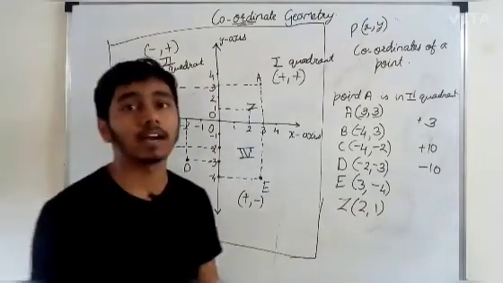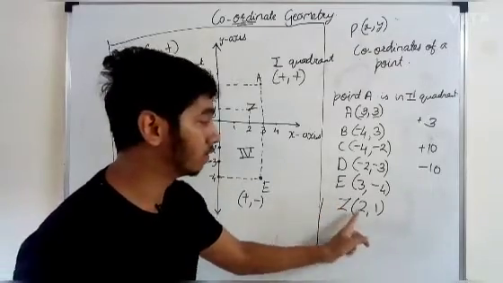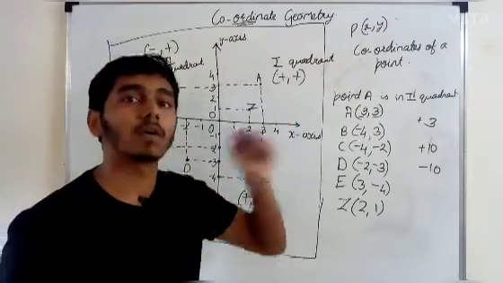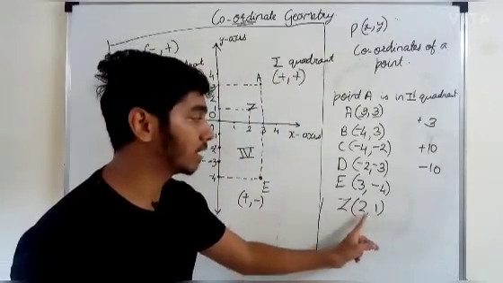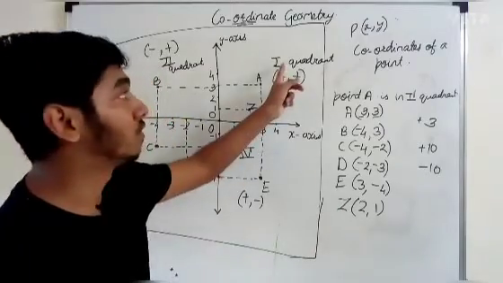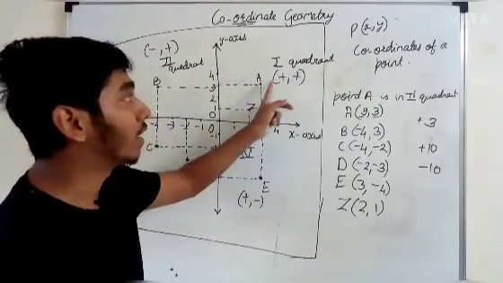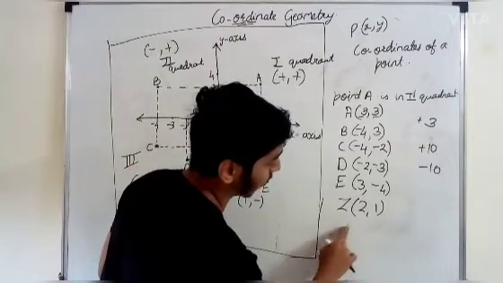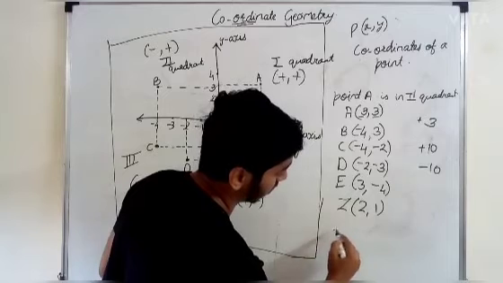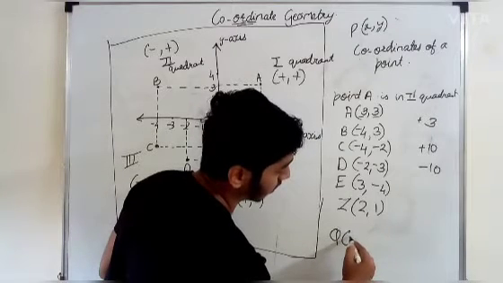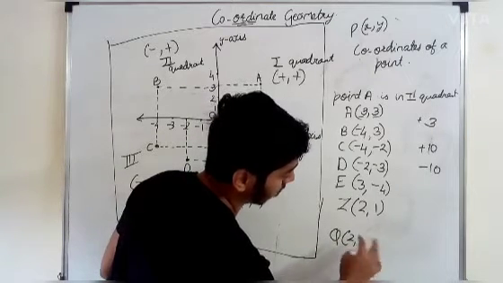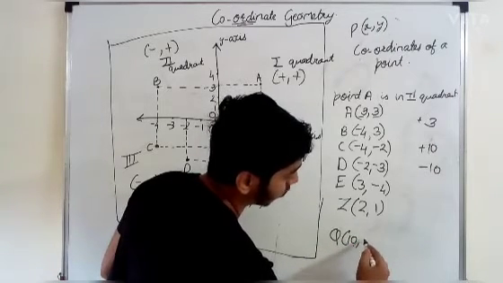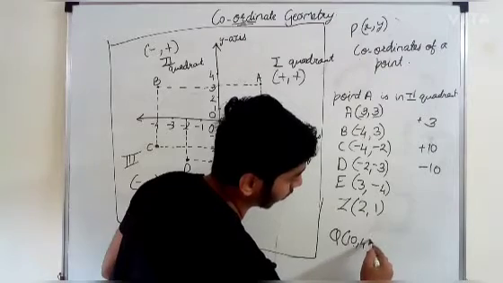I hope you are understanding this. What we are doing in the first quadrant is checking whether all the points are positive or not. Here again I took one example, and it is positive. For the first quadrant, if any point is given, for example Q, let's take a bigger number, 10 comma 40.